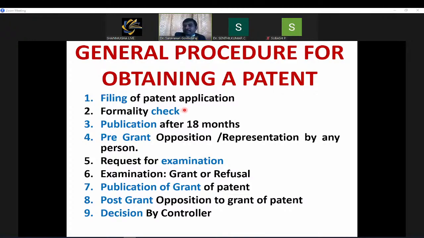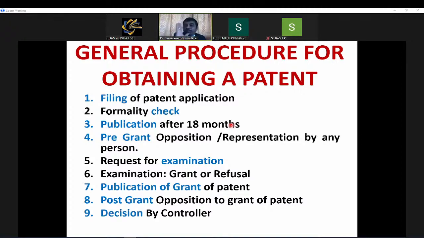After the formality check, within 18 months, your patent application will be published in a common forum. There is a journal published by the Indian government in which your idea is published. Then it can be seen by people all over the world.